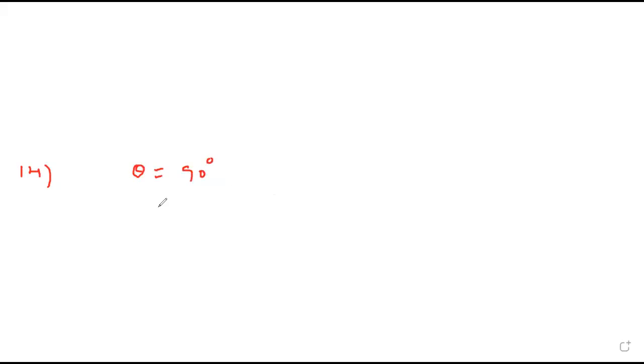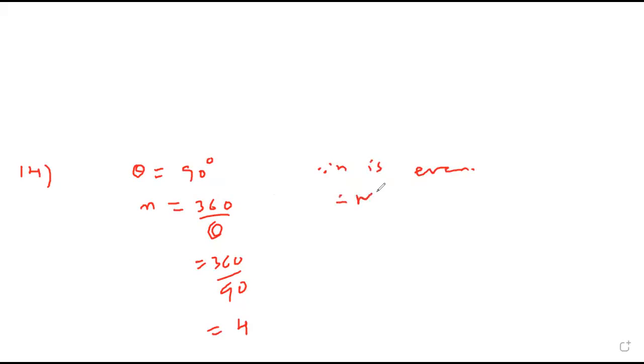So first we find n, which is 360 upon theta, that is 360 upon 90 equals 4. Since n is even, the number of images equals 4 minus 1, equal to 3. Clear? Yes.